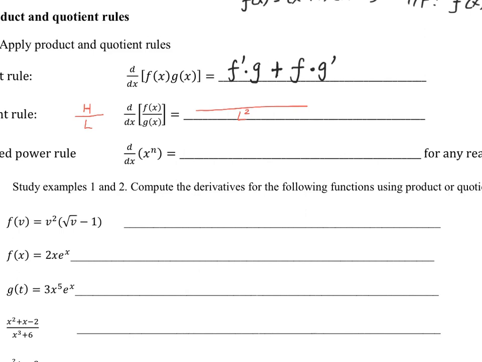in the denominator, and in the numerator will be low d high, which means the derivative of the top one, minus high d low.